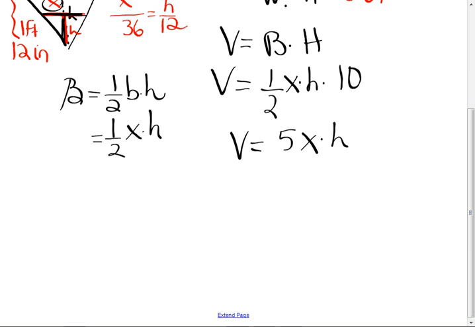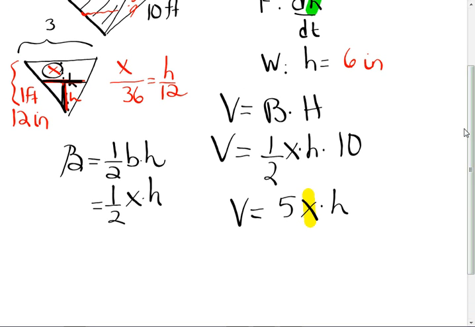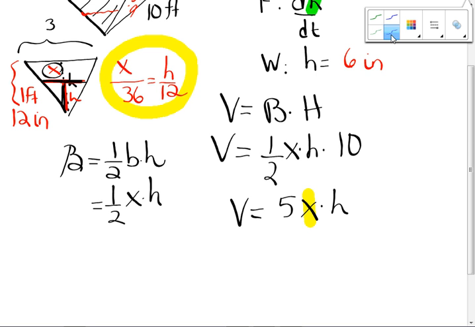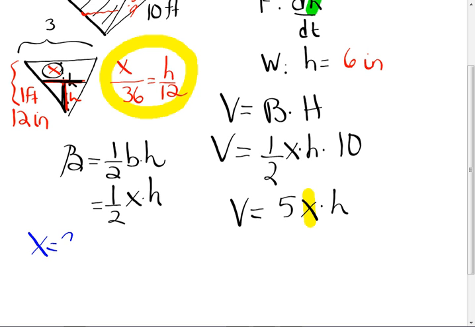I want to get rid of X. So I'm going to use this relationship I have right here. Can I find out what X is? What is X? So multiplying by 36, I get X equals 36 divided by 12 times H. So X equals 3H.